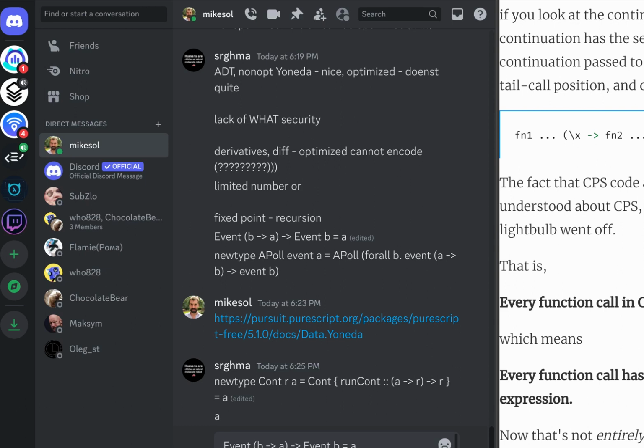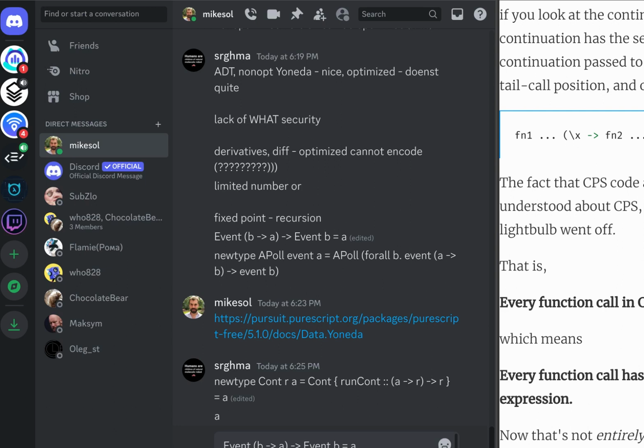Another way to say it is that the only way to produce an A is with a B. Or that B unlocks A. B is like a key that unlocks A. Actually, there's a profunctor that works like this as well.